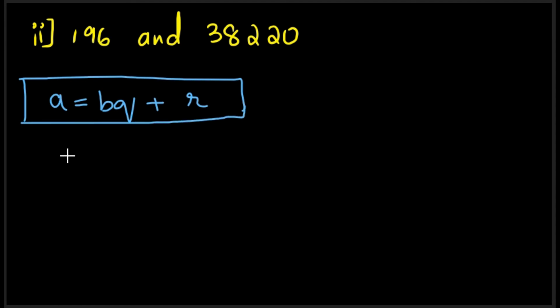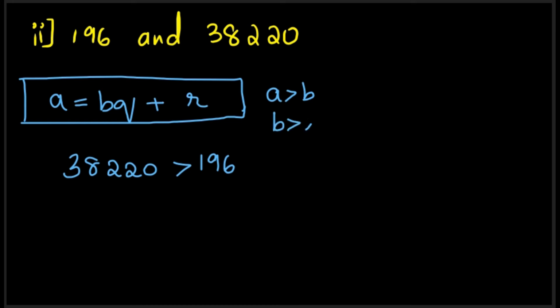Now 38,220 is greater than 196. Now this is of the form where A is greater than B and B is greater than R is greater or equal to 0. This will be our A and this will be our B.